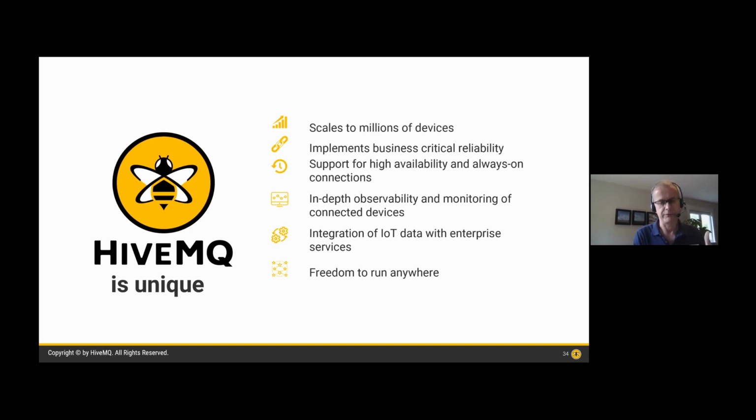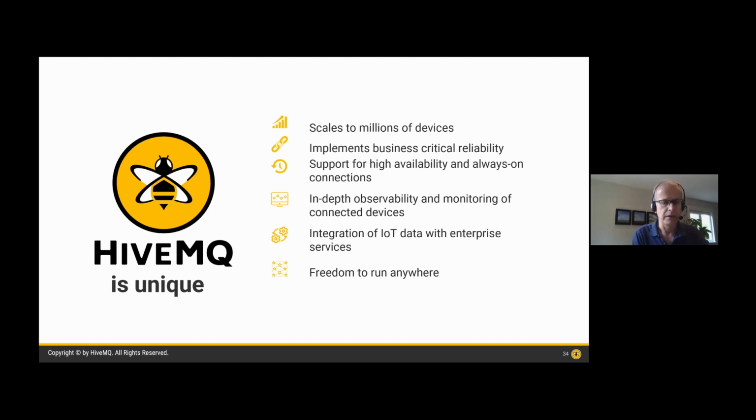This basically guarantees that your devices always have a connection. So if you require extremely high availability, business critical reliability, HiveMQ can provide the type of cluster environment that you need.